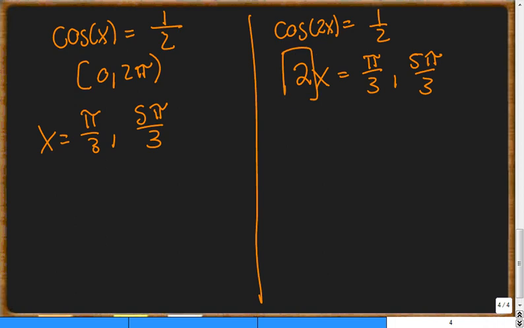We know that we have 4 answers, because of this 2. So our coterminals to these would be adding 2 pi to them. So when we add 2 pi to those, we get 7 pi over 3, and we also get 11 pi over 3.